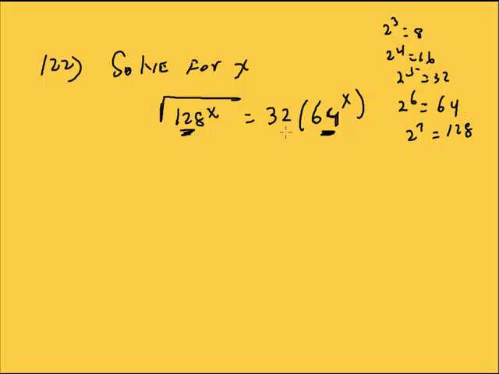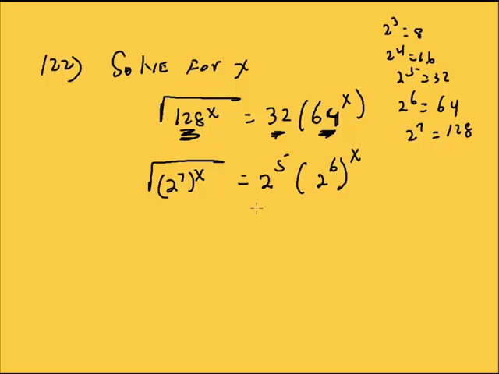So I can write this as the square root of 2 to the seventh raised to the x, equal to, of course, 32, which is 2 to the fifth, times 64, which is 2 to the sixth.